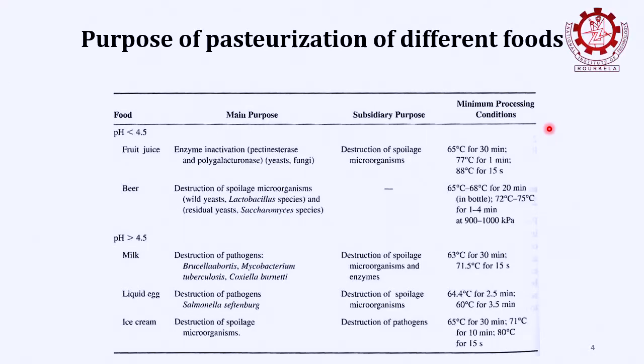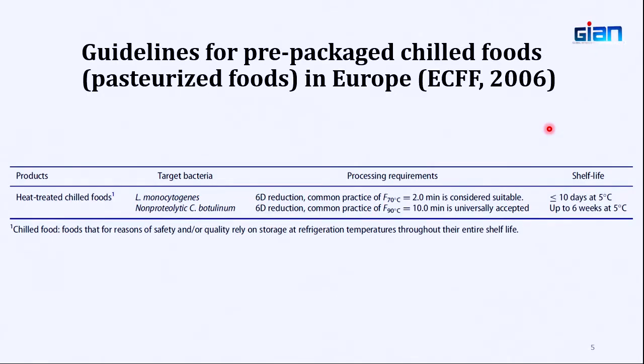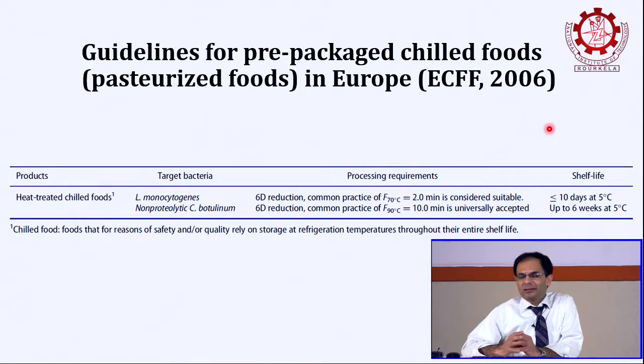In terms of your main target pathogens, you would have the same effect. But depending upon the instrument technology we have developed, we operate using different processing conditions, and that results in different levels of quality changes. That was mostly guidelines for the US, but Europe has slightly different guidelines.